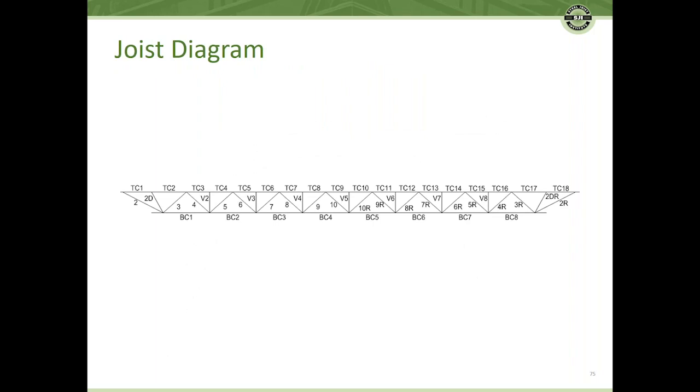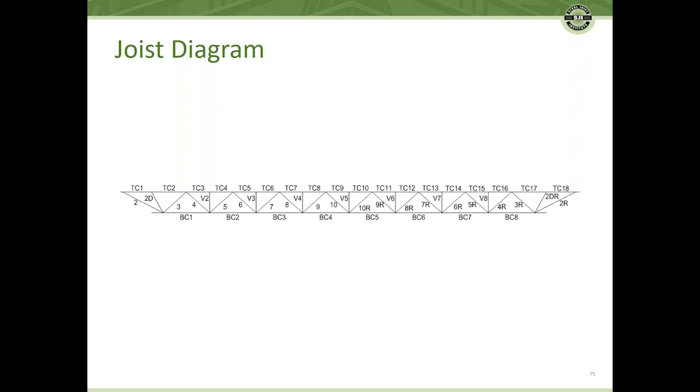And then if we look at the joist diagram, let's talk about the webs first. We've got webs starting with web 2, goes to the center at 10, and then since this joist is symmetrical, we've got a 10R, which means 10 right, all the way to 2R.